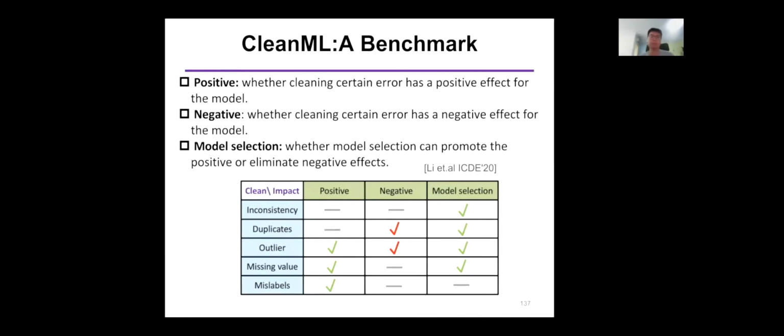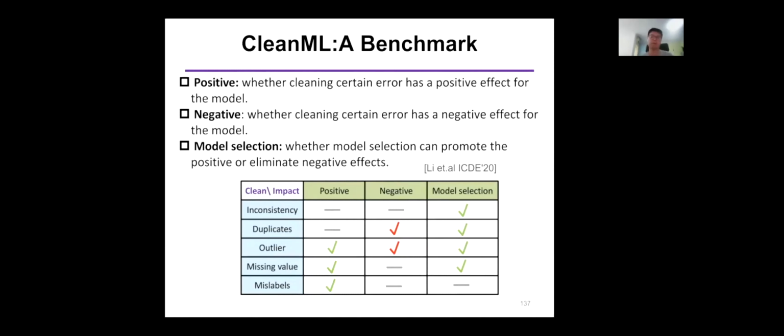We can see from the table that the second row indicates that cleaning duplicates will degrade the model performance because the data distribution may be changed. But the degradation can be eliminated by judiciously selecting models.